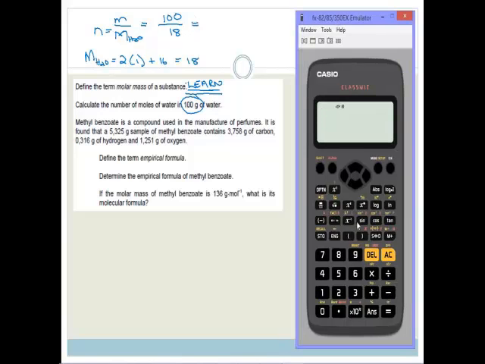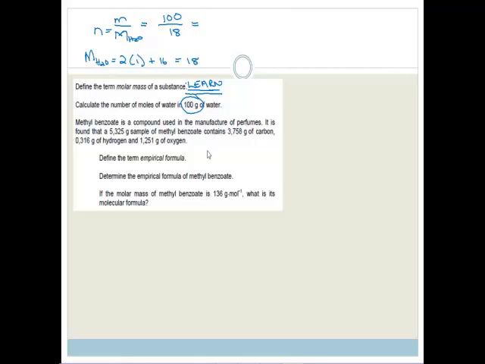Right, so we can say 100 divided by 18 equals 50 over 9, which is useless, which is 5.56. So therefore that is 5.56 moles.